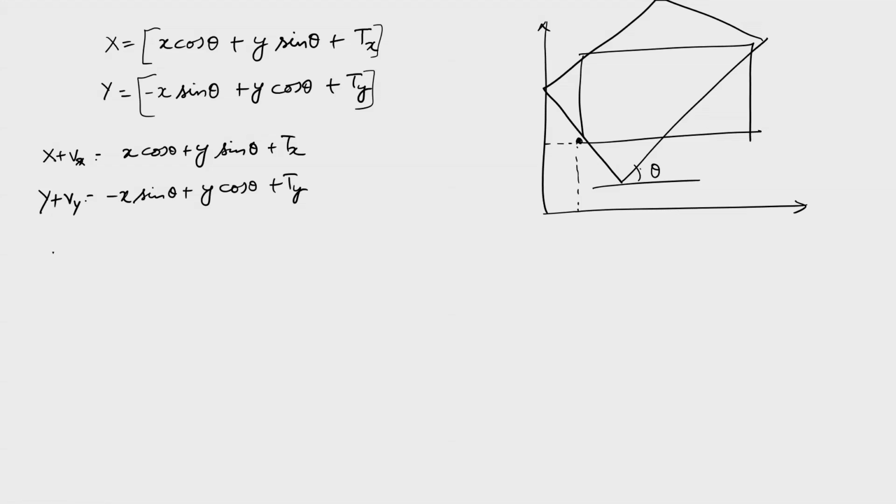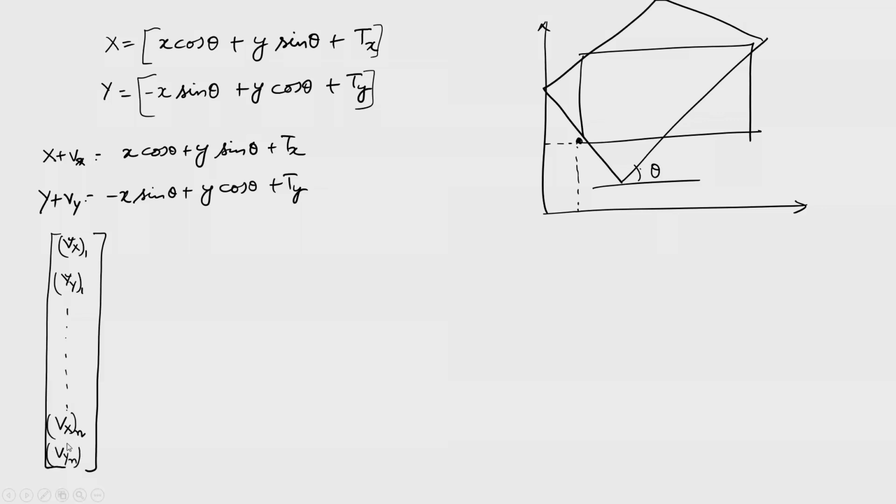If I try to find out V x and V y for n number of observations, they will be like this: V x 1, V y 1, the small v's, okay, and so on. I can write V x nth observation or V y nth observation like that.